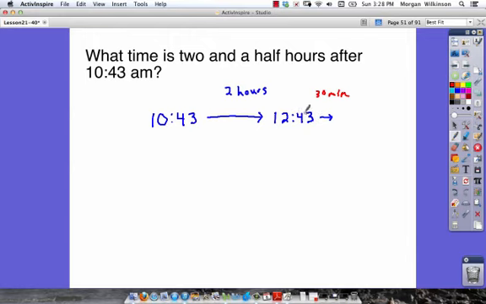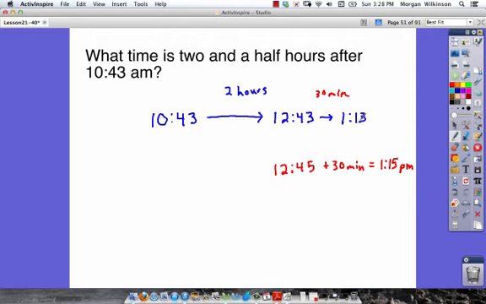If we're going to add 30 minutes on to 12:43, we're going to have to think about what our answer is going to be. Let's say we had 12:45. If we had 12:45 plus 30 minutes, that must get us to 1:15 p.m. Because if we take 15 minutes and add it on to 12:45, we get 1, and the other 15 minutes, we would get 1:15 p.m. So if we add 30 minutes on to 12:43, we're going to get 1:13 p.m. And we can go ahead and write that in blue.